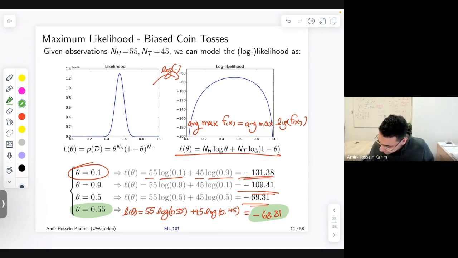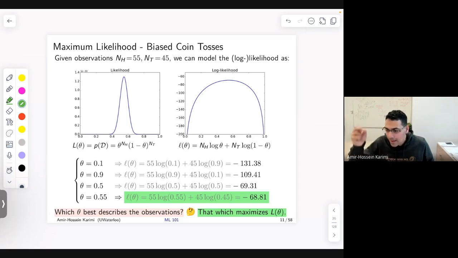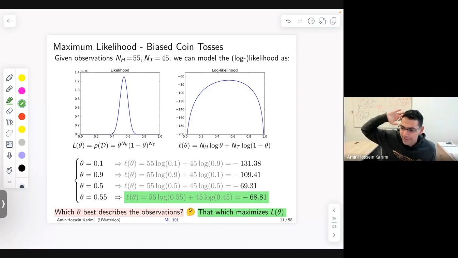And what was our purpose? Our purpose was to find which theta best describes the observations, the one that maximizes the likelihood, which is the same as the one that maximizes the log likelihood, because the maximizers were the same. So if I have 55 heads and 45 tails as my set of observations, then the best reasonable guess that one can make, purely based on the observations, not based on past experience, which we call prior, is this.